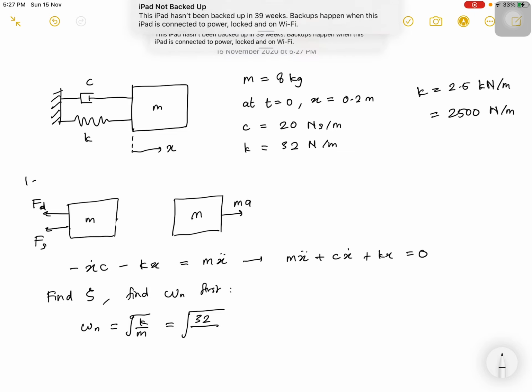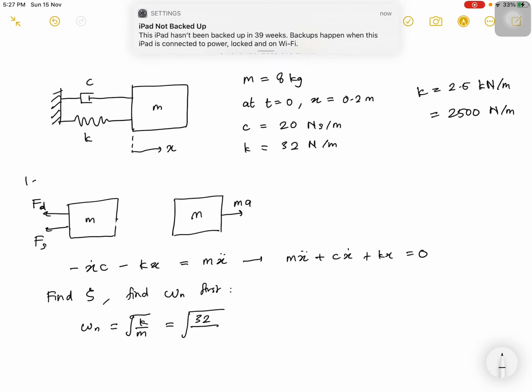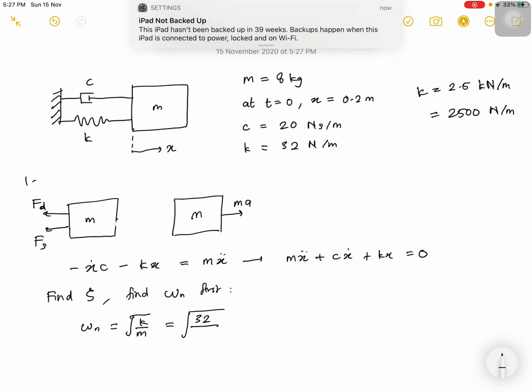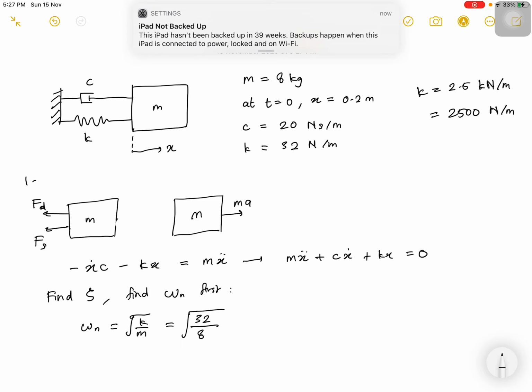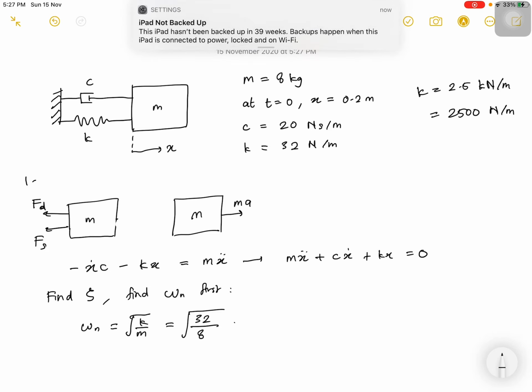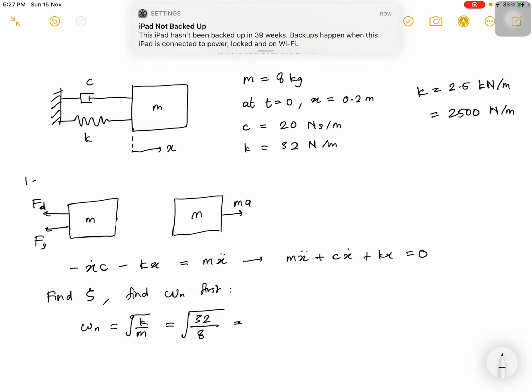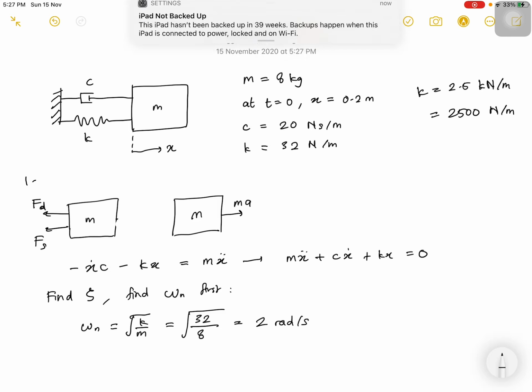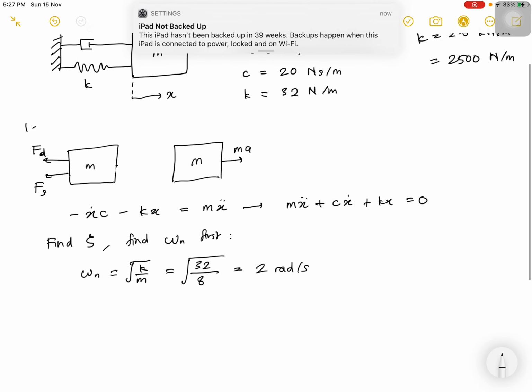Therefore, you will have no problem in terms of the unit afterward. And we replace m in kilogram, so 8 kilogram. So we will have that omega n is equal to 2 radian per second. Okay, that's for the natural frequency.